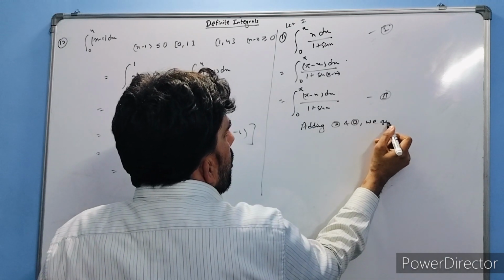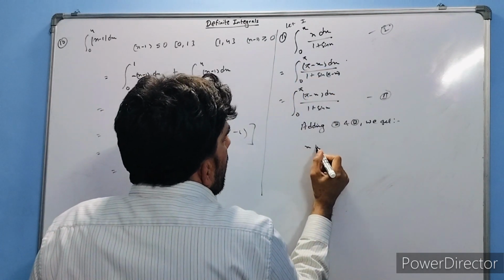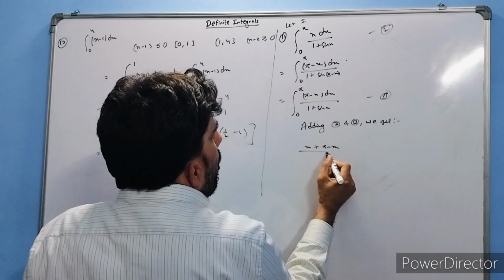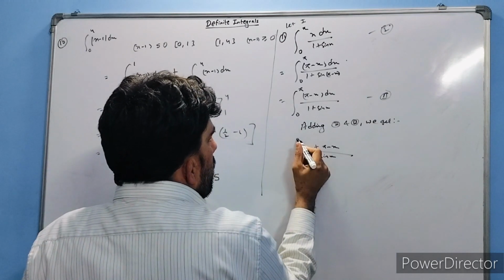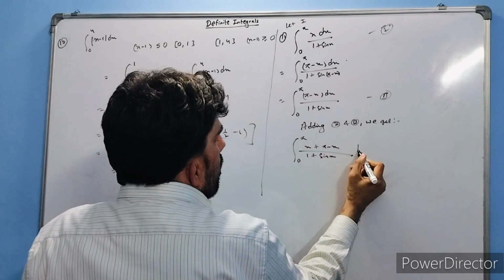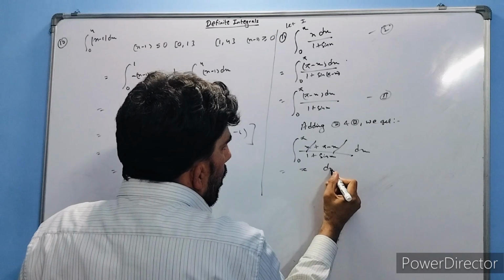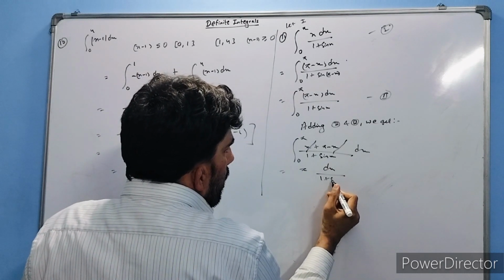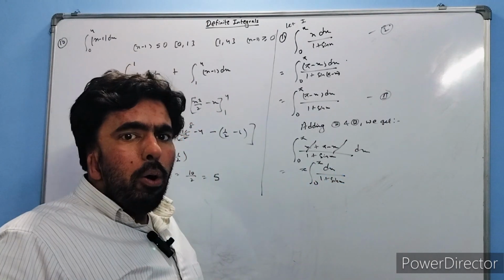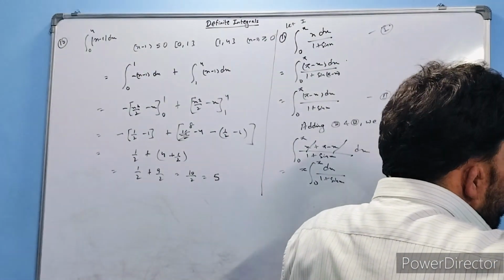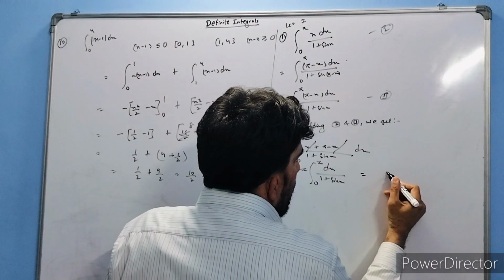What we get here, if I add both, I will get x plus pi minus x upon 1 plus sine x, 0 to pi, dx. What will happen, I have got pi outside, now I have 1 plus sine x, 0 to pi.